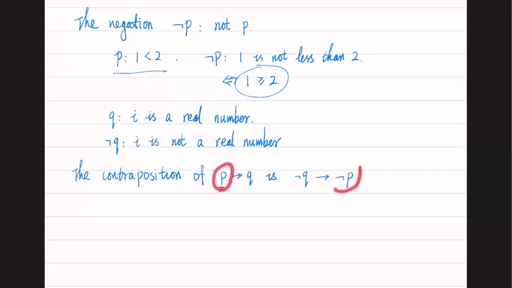P to the negation of P, Q, negation of Q, we switch the order. There are several statements. If we construct Q implies P, this is called the converse. Negation of P implies negation of Q is the inverse.